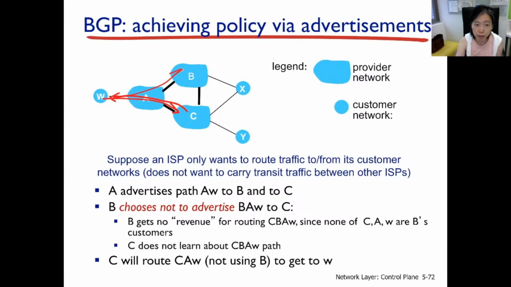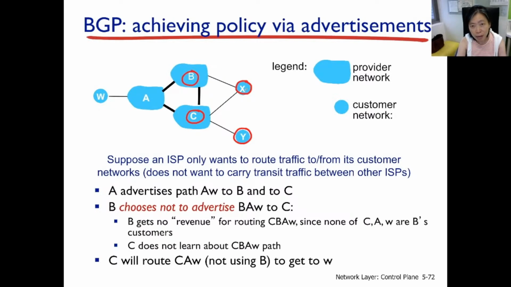Similarly, if the traffic is supposed to go out the other direction, W pays A, and therefore A is responsible to serve W. Similarly for this customer-provider pair, Y being a customer and C being a provider, X being a customer and B being a provider.